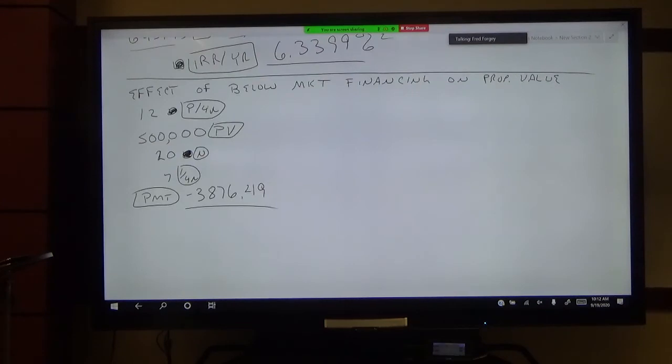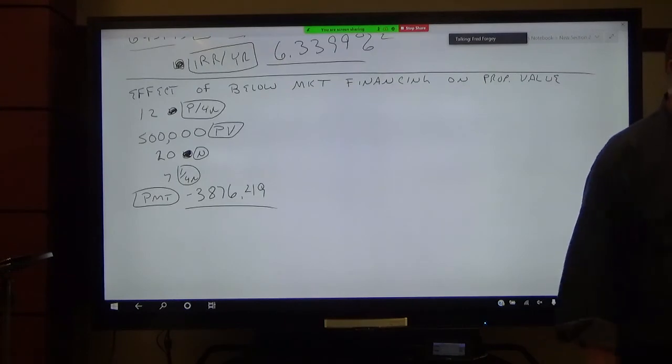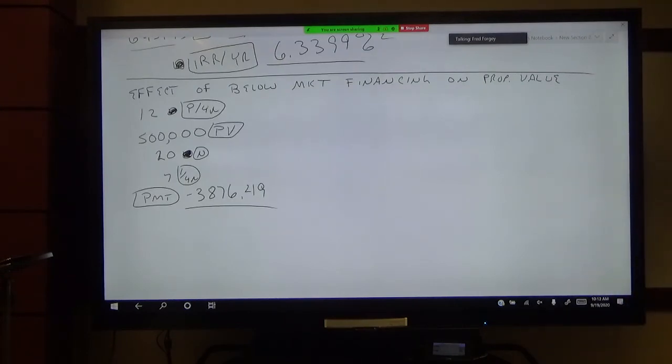Okay, is everybody cool with that? Nothing unusual, just simply saying these are the market conditions. All right? Now, let's say that the seller of the property owns the property free and clear.